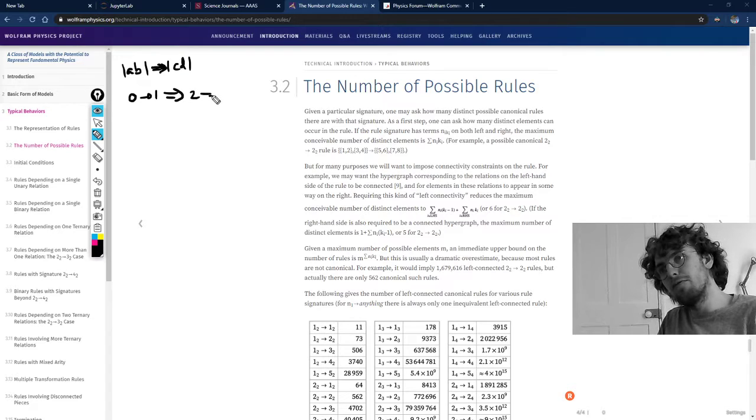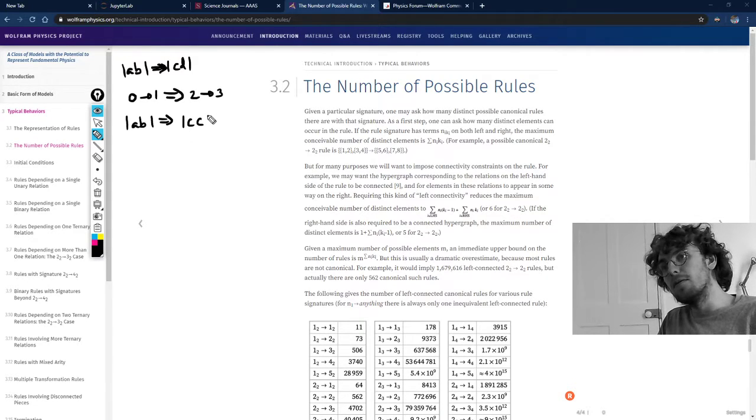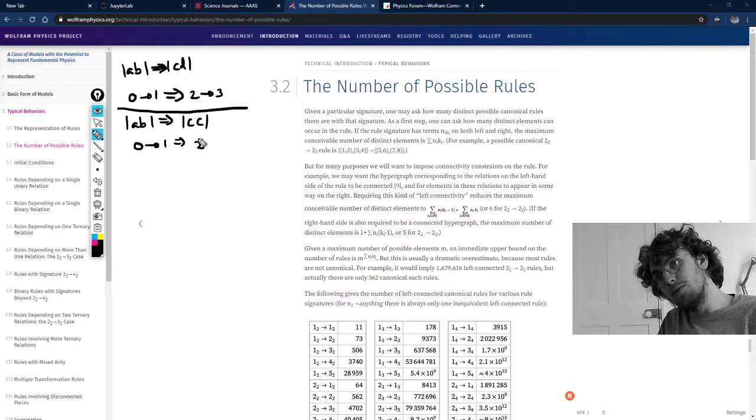Goes to 2, 3. AB goes to CC is 0 goes to 1, goes to 2 to itself.